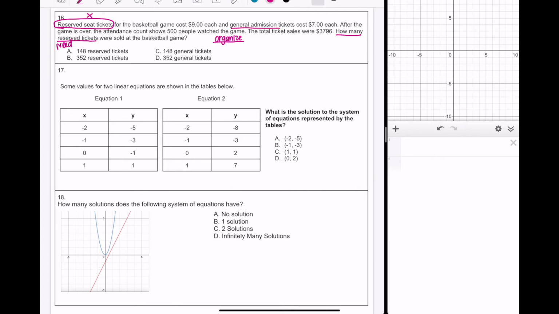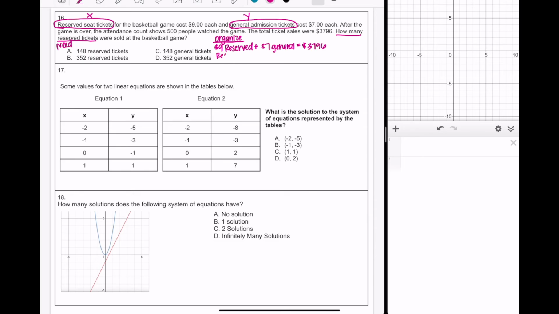We're going to let that be Y. Okay, so what we know is that $9 for reserved tickets. So I'm going to say $9 for reserved plus $7 for general admission was a total of how much money? So that was $3,796.